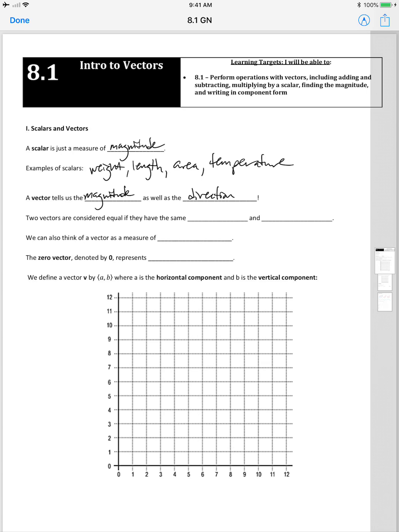Two vectors are considered equal if they have the exact same magnitude and direction, as you can imagine. So if they have the same length and they're both pointing in the same direction, they're equal. They're the same. Another way of thinking about a vector that I think is going to be more useful to us throughout this unit is to think of a vector as a measure of displacement.